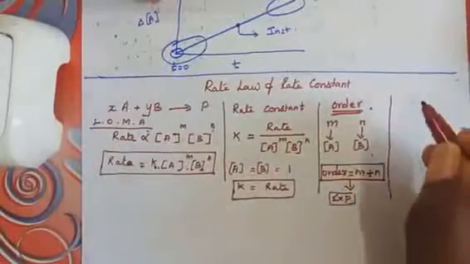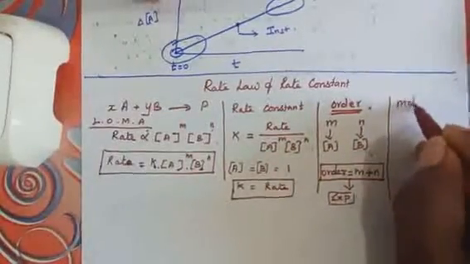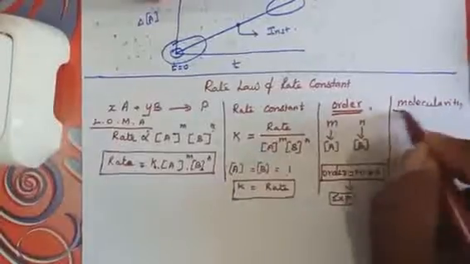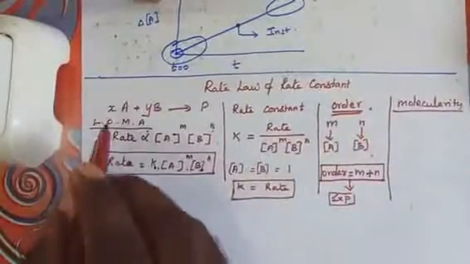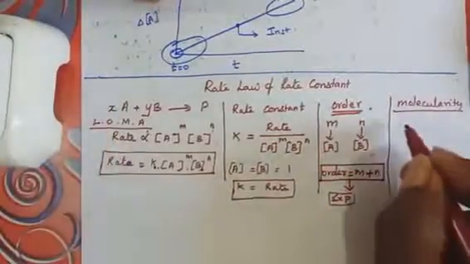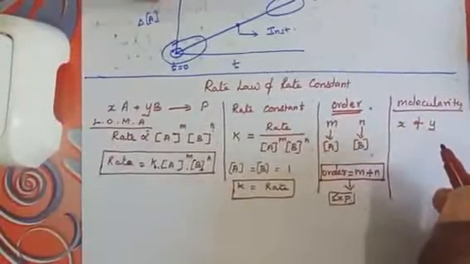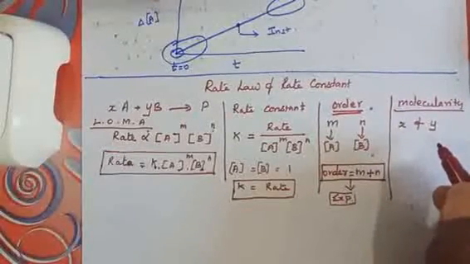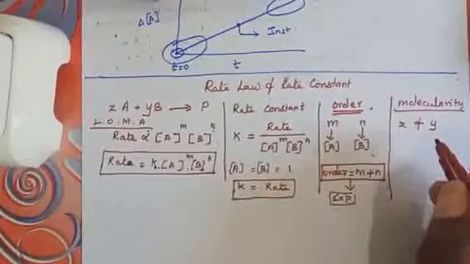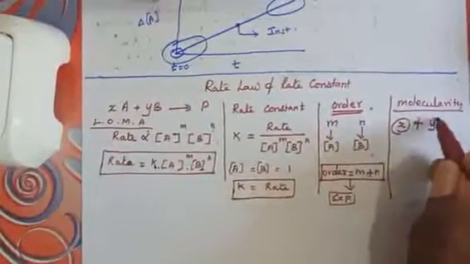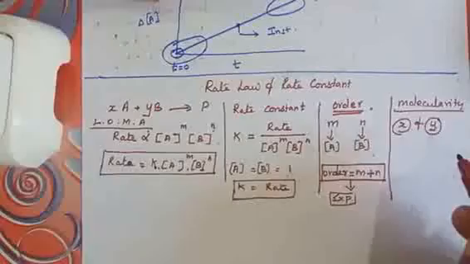And we always explain molecularity. From the above equation, X and Y are said to be the molecularity of the reaction. So molecularity is defined as the total number of moles of reactant that take part in a chemical reaction.